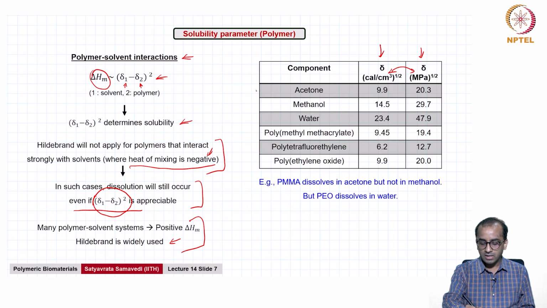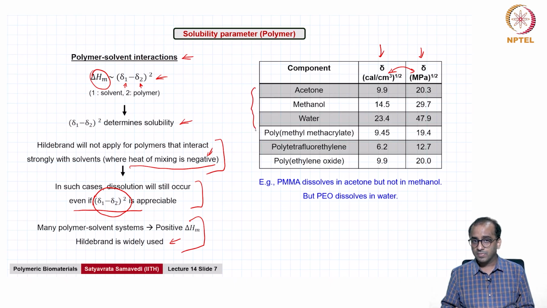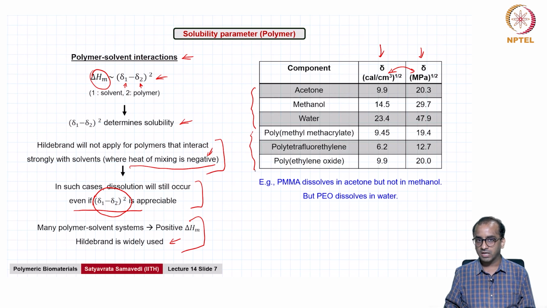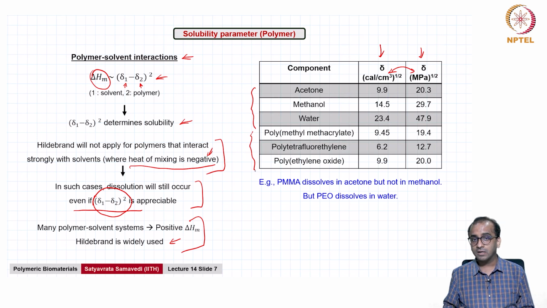Now shown here are the solubility parameters, the Hildebrand parameters, for 3 solvents and 3 polymers. And just based on the Hildebrand theory that we have looked at, if it's the difference between the solubility parameter for polymer versus solvent that's going to determine the solubility, or for it to go into solution, then you can do different combinations of these, find differences and see what the magnitude is.